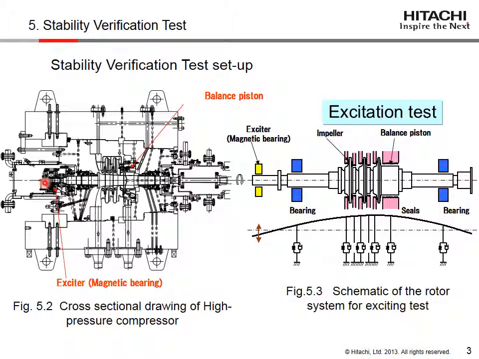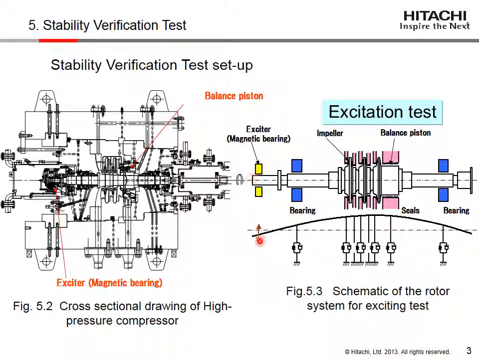This is the schematic of the rotor system for the exciting test. The rotor is supported by bearings and a shaft end exciter is installed. During rotation, all bearings have spring and damping, and each seal has some effect on excitation.